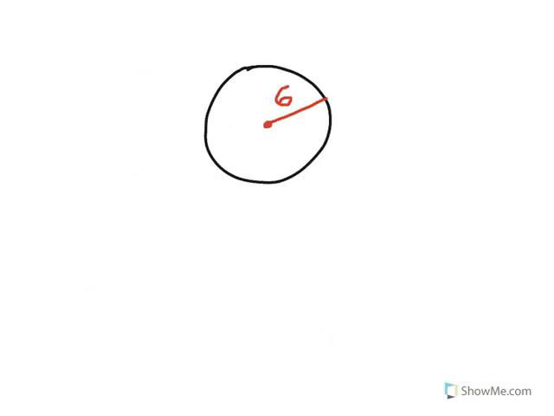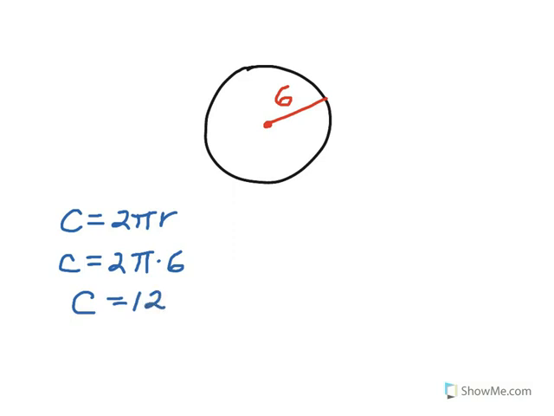What this means is that if I have a circle with a radius of 6, the circumference will be 2 times pi times the radius, or in this case, 2 times pi times 6, or 12 pi. If I want to find the area of the circle, the area will be pi times radius squared.